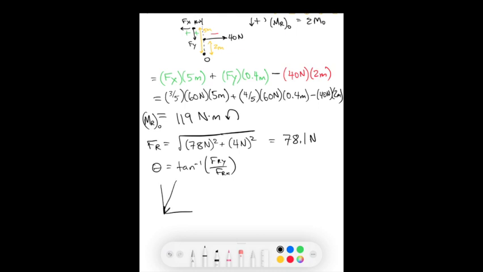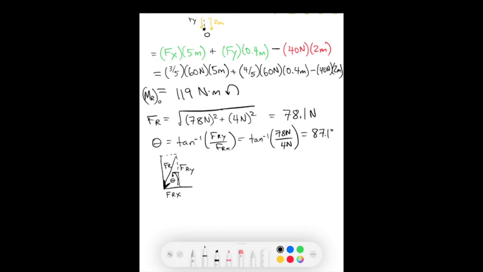If I call this angle like this, FR, this is FRY, and this is FRX. So when we put those numbers in, we find that that angle theta right here is equal to 87.1 degrees.